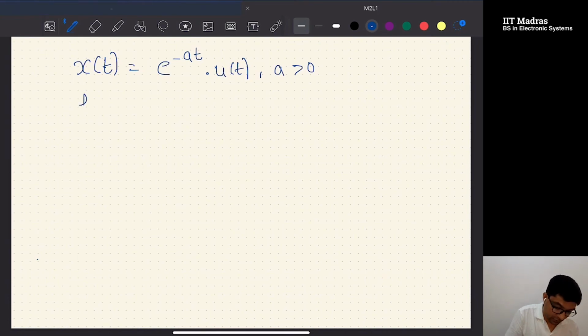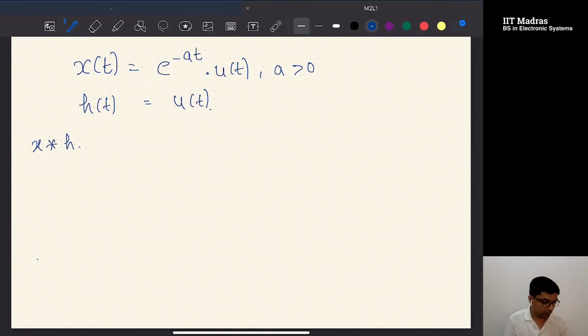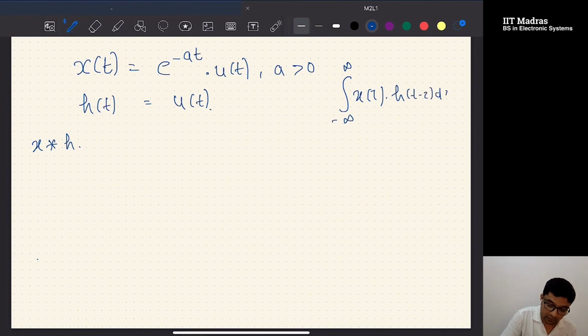And then my h of t will be u of t. And I need to check what x convolved with h is. So this will, in standard form, look like the integral from negative infinity to infinity of x of tau h of t minus tau d tau.